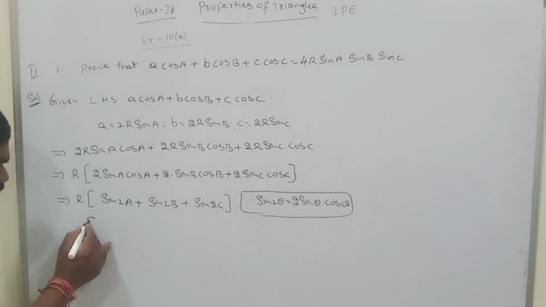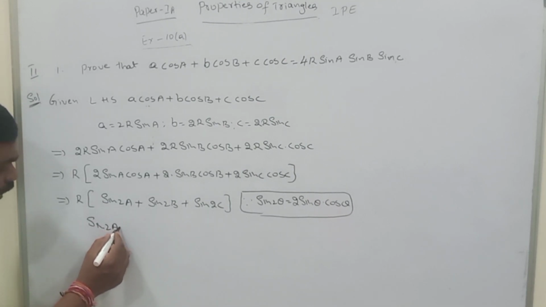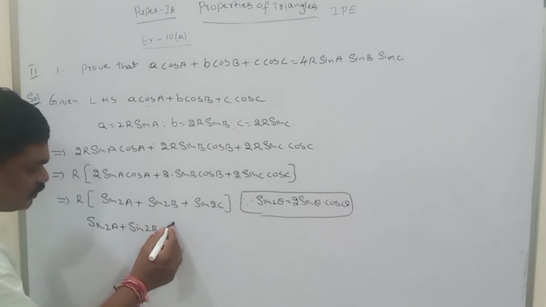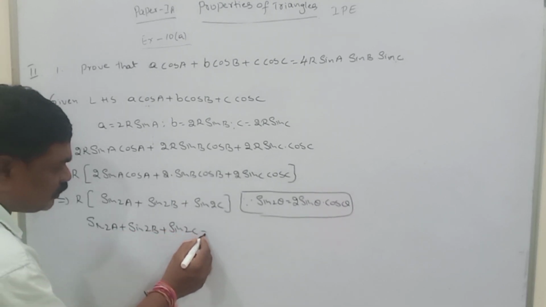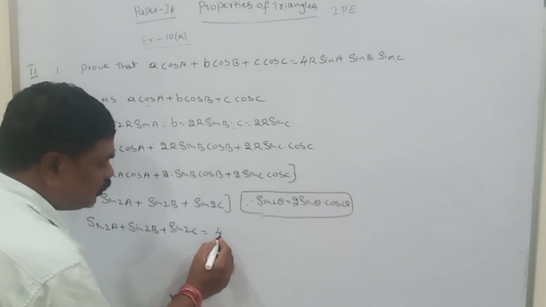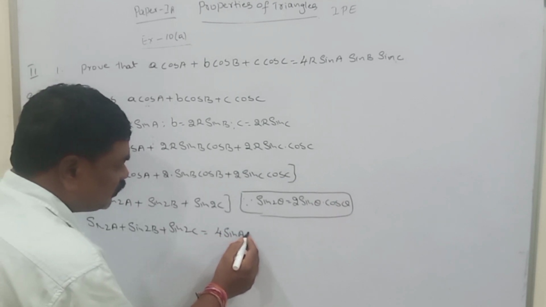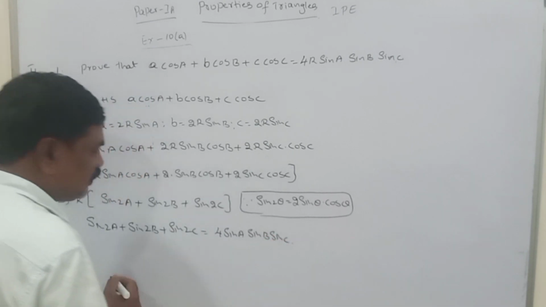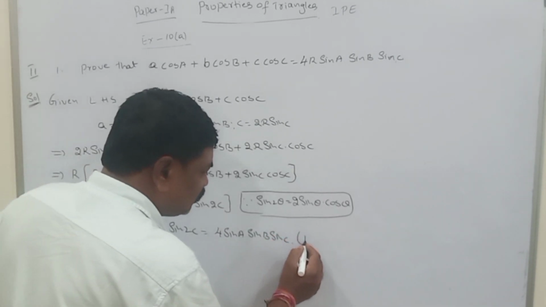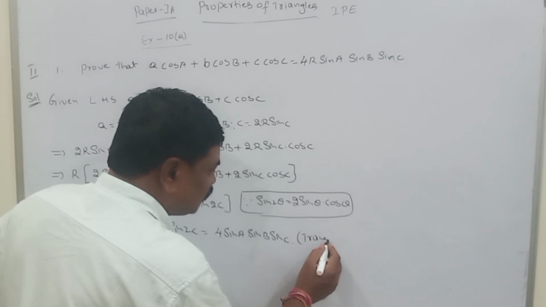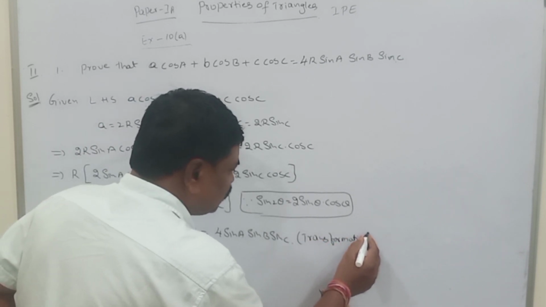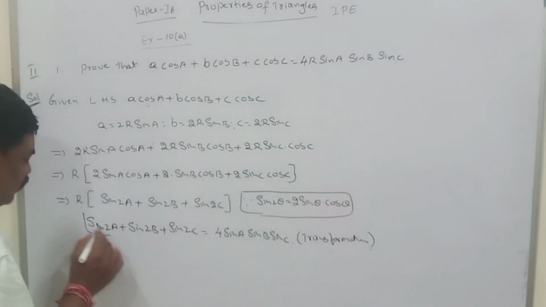But we know that sin 2A plus sin 2B plus sin 2C is equal to what? 4 sin A sin B sin C. Why? Because this is from the transformation formula.